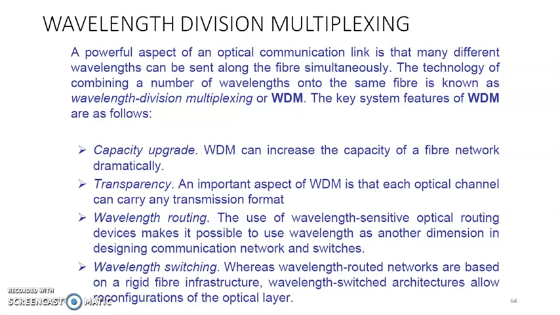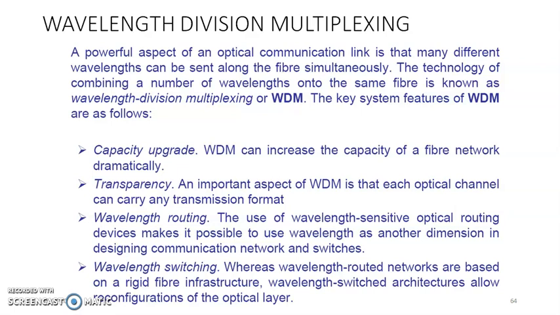But in the case of wavelength routing, there are some restrictions regarding the wavelength, because we have a coupler, mux and demux in the WDM. Regarding the coupler, there are restrictions on the operating wavelength.